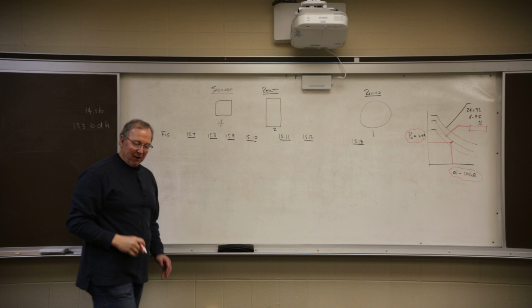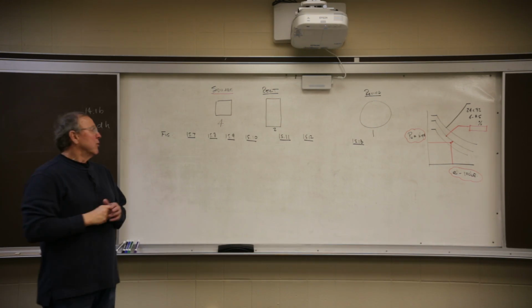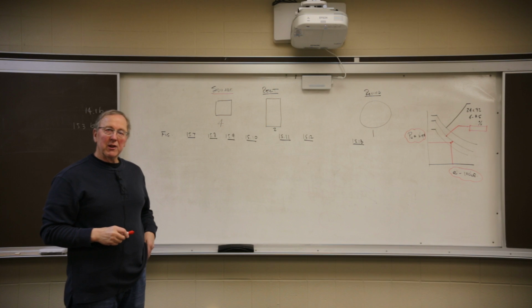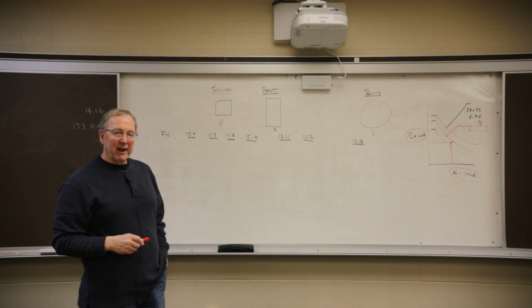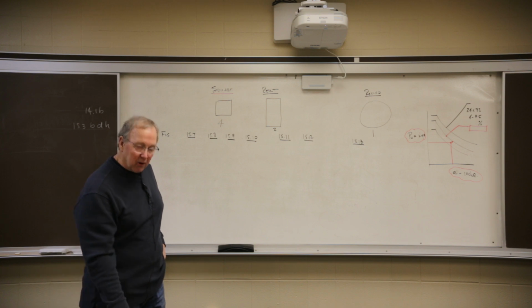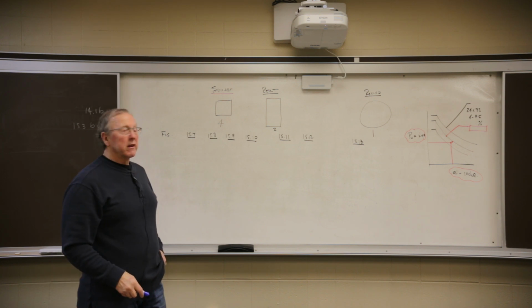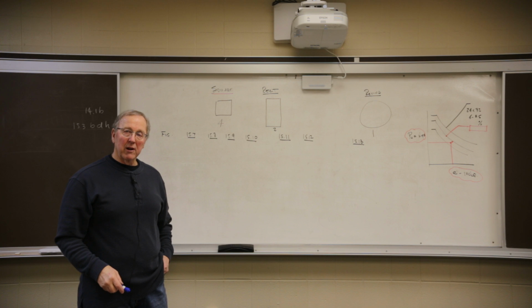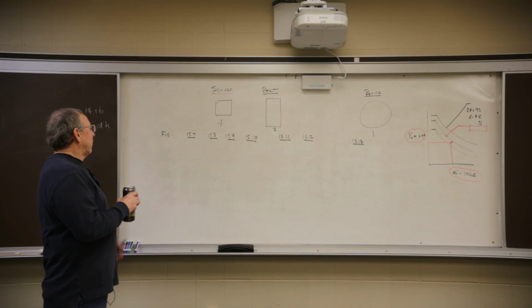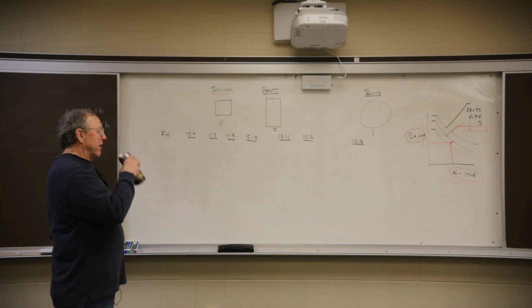I'm going to tell you right now on a test, for me to use a square is pretty difficult because you've got too many choices and I can't herd you into the path I want you to be in. So most likely on a test we're going to either have a rectangular or a round column.